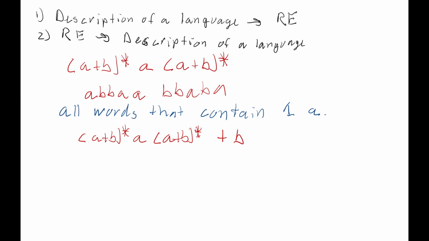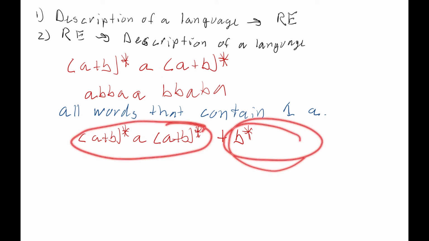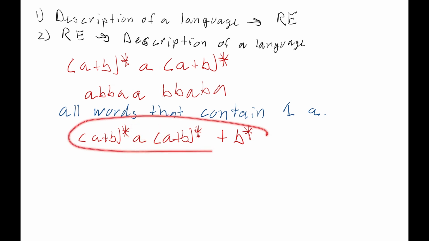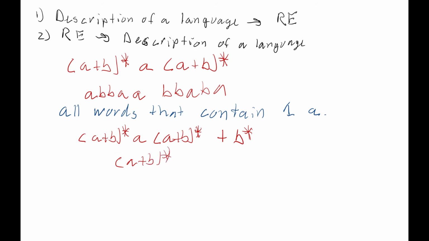And if we put a star on this, now we have all words that contain at least one a and all words that don't have any a's. Notice this can have more than one a. So really, what is this language? Well, it's all words that we could possibly come up with. By the way, it's a lot easier if we just put (a or b)*. But these two regular expressions are exactly the same thing.